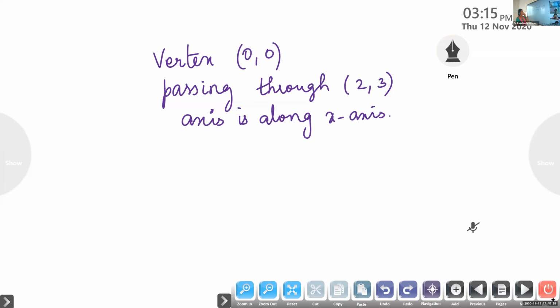Vertex is 0, 0. It is passing through the point 2, 3 and the axis is along the x-axis.